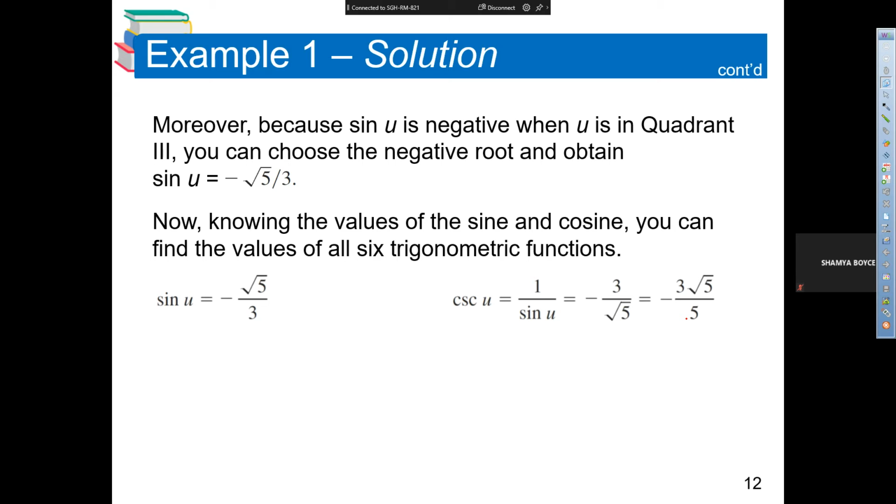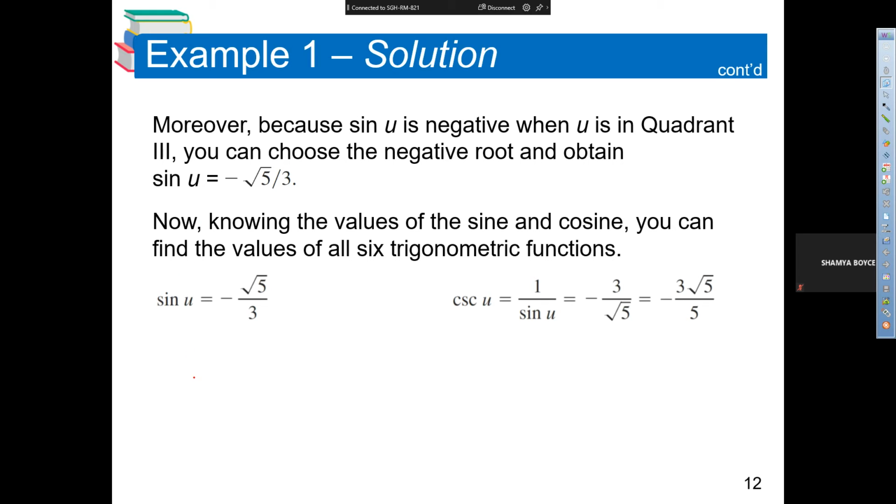All right, now how are they going to get to tangent and cotangent? We've got sine, cosine, secant, cosecant. Well, we have those identities that say tangent is equal to sine over cosine.